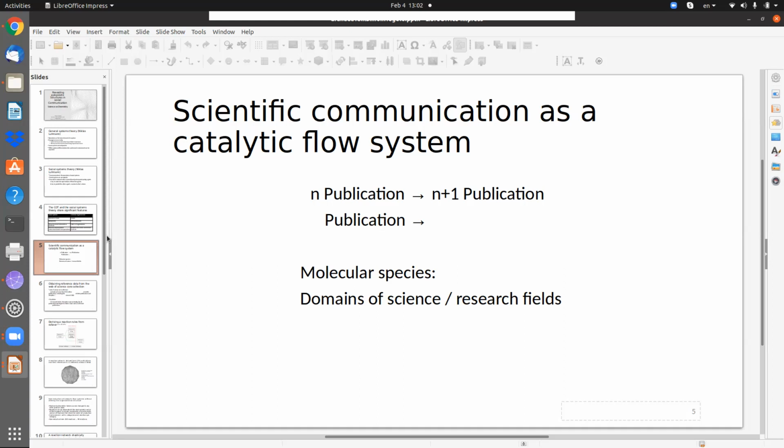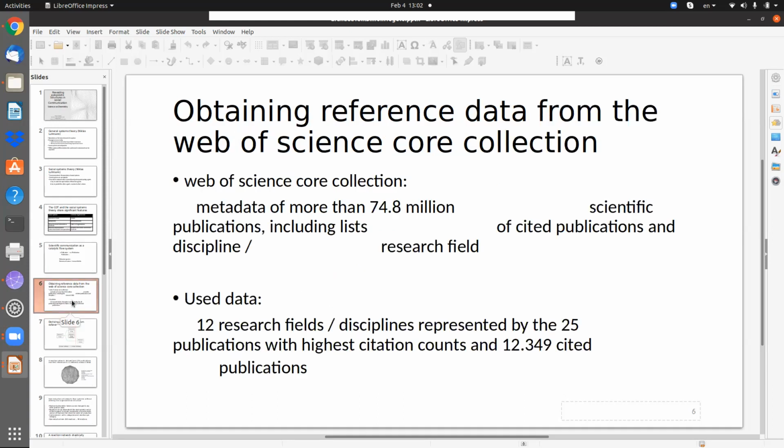Yeah, so now it was time to fill my model with data. I got my data from the Web of Science core collection.